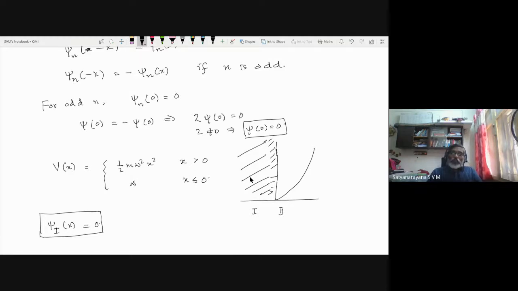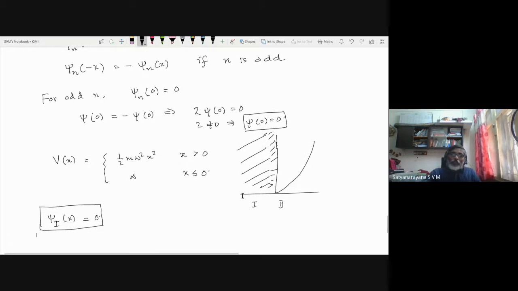Now for psi 2 of x, if you want to solve the Schrodinger equation, you have to do exactly the same thing that we have done earlier. The wave function has to be continuous; it cannot be discontinuous. So if there is some wave function for the harmonic oscillator which goes to 0 at x equal to 0, those wave functions can be continuous with this one.